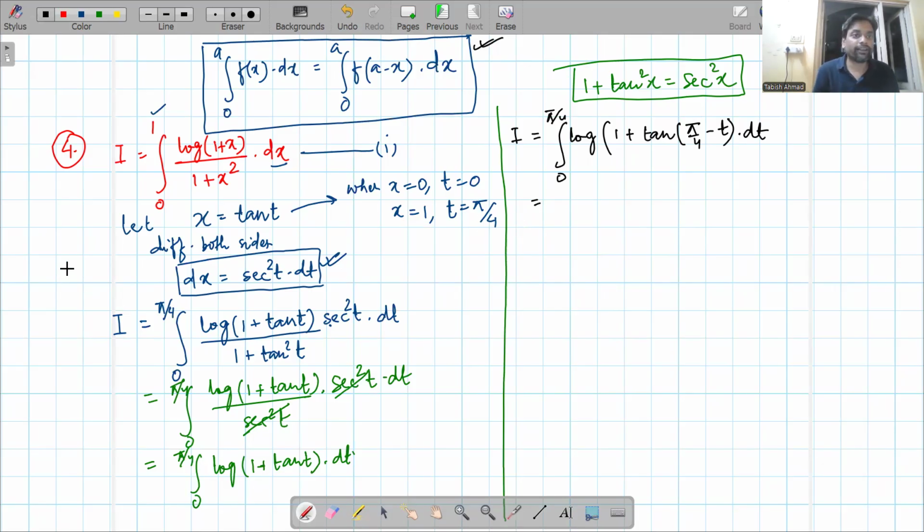Now, I will tell you one rule that whenever you have tan(A minus B), here I am telling you, see, tan(A minus B) is equal to how much?